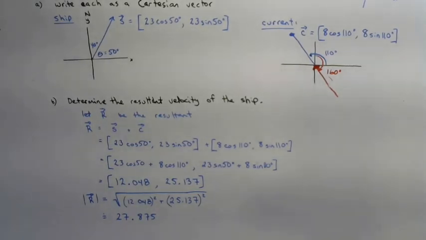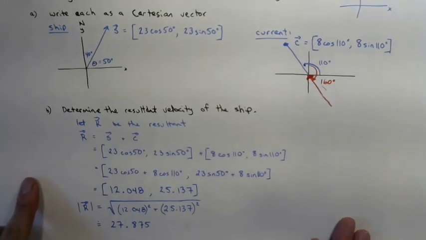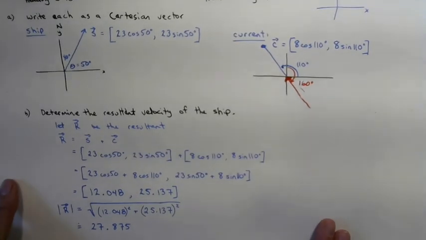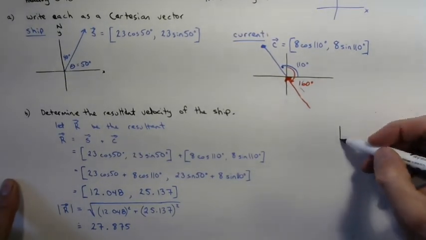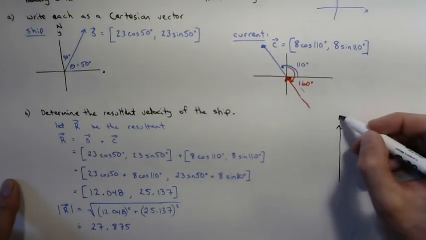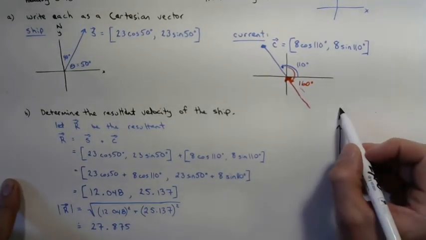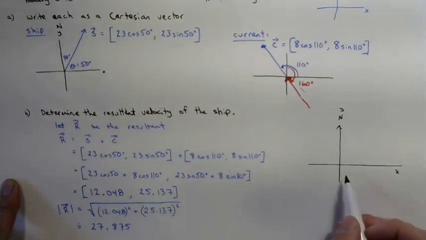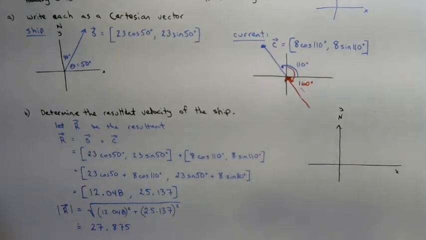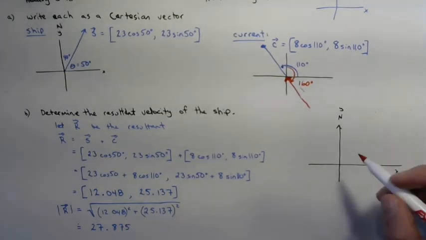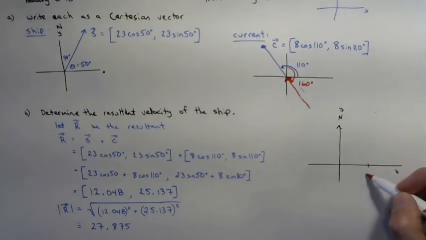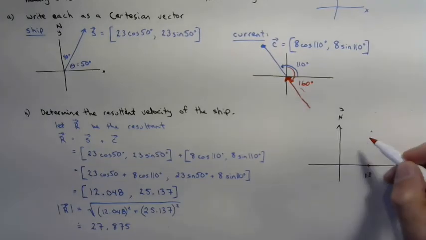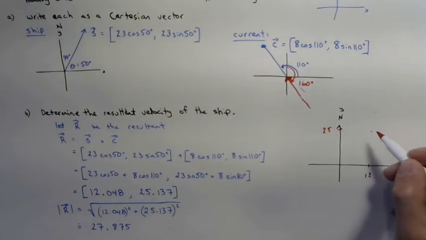So what we're going to do is take the coordinates that we found and put them in a little diagram. Okay, here's north, or y. Here's x, and the resultant is at 12, 25-ish.